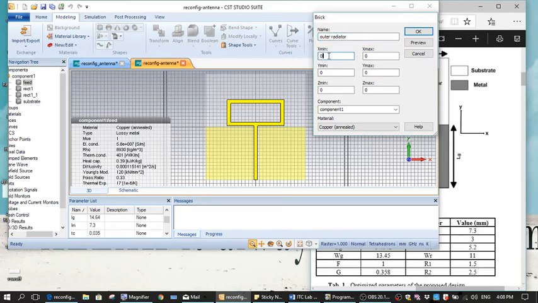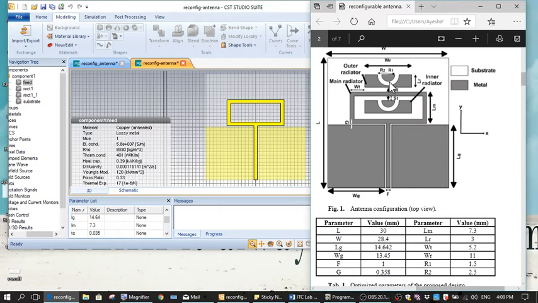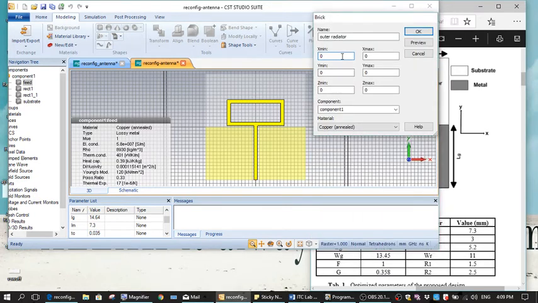Okay, so let's give the dimensions, which are LR and WR. Along X they are WR by 2 to WR by 2 and negative LR by 2 to LR by 2 and TC TS to TS plus TC.